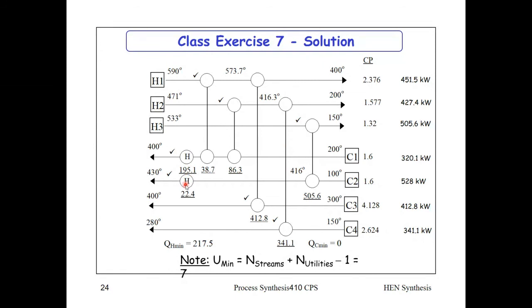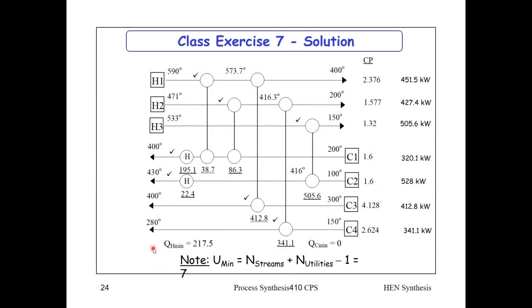So we actually are at U-min on this problem, because there's 7 streams and U-min equals 7. And we're staring at a blank screen. So that is the end of that lecture.